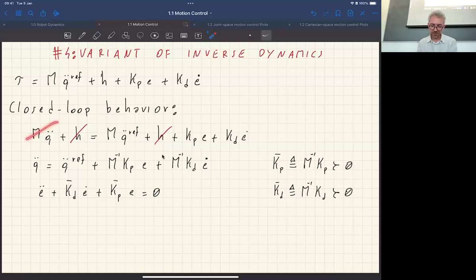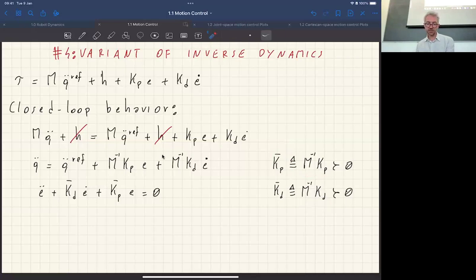So M disappears here and here, but you have M inverse appearing here in front of the two PD terms. And now you can basically define new gain matrices, Kp bar and Kd bar. You define them simply as the mass matrix inverse times Kp and the mass matrix inverse times Kd.